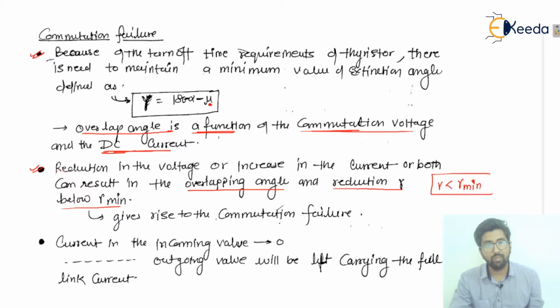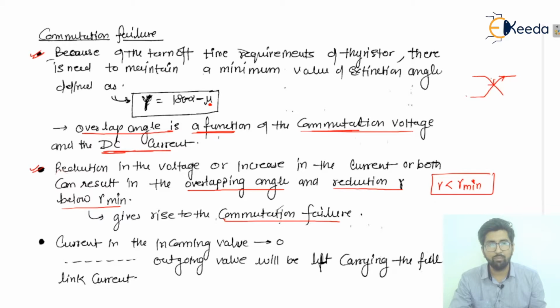When it is happening, it will cause the commutation failure. It means the transfer of the ID current should be from valve number 1 to valve number 3. Let us suppose valves 1 and 2 start conducting, and after some time the current in valve 1 should decrease and in valve number 3 it should increase.